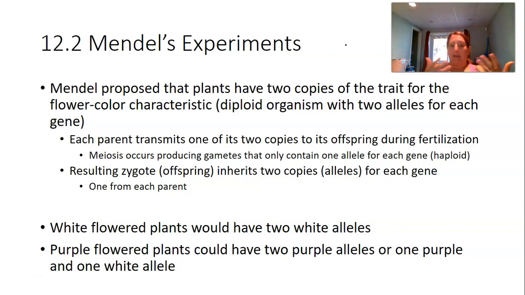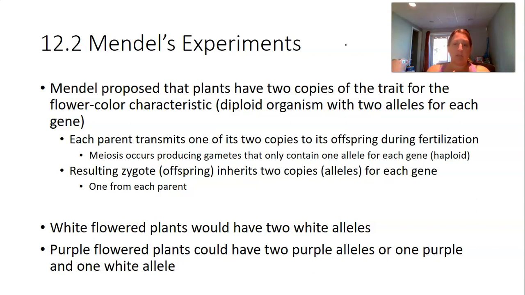Where do these 2 copies come from? Well, they come from the parents. Each parent is going to transmit 1 of its 2 copies to its offspring during fertilization. How did that happen in the parent? Well, meiosis. Meiosis occurred in the parent organism, and meiosis produces gametes that only have 1 allele for each gene.